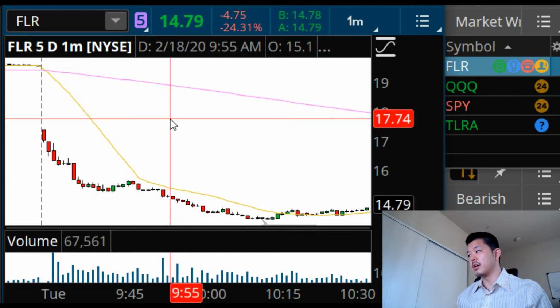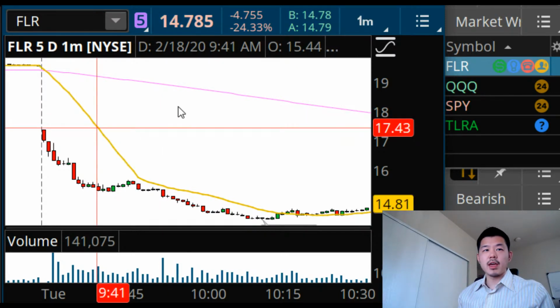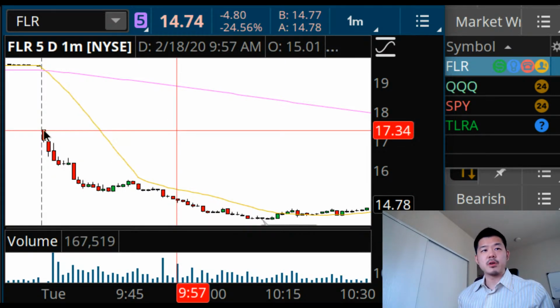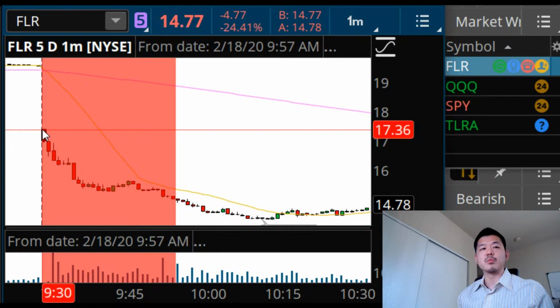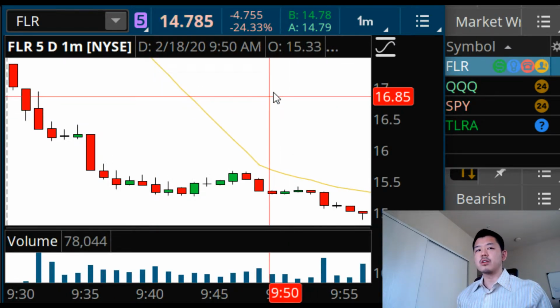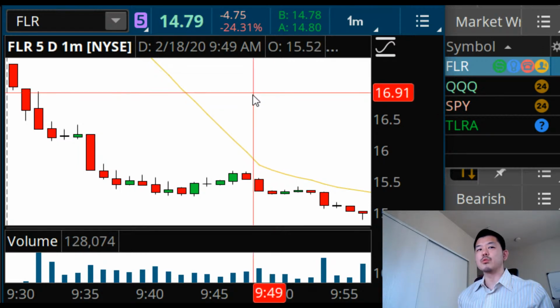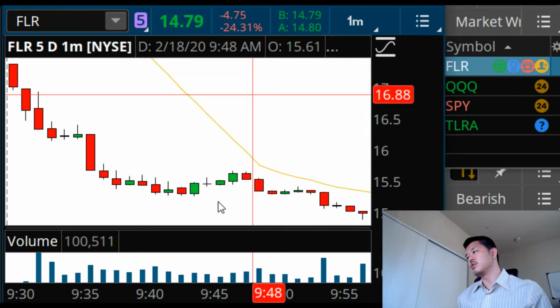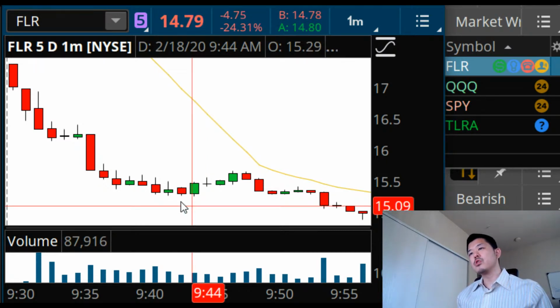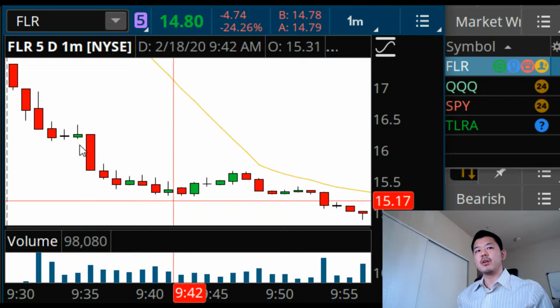Okay, now the definition for a base breakdown, which is probably the most common pattern among traders, right? Consolidation, breakout, breakdown, right? So what we want to see is a series of equal highs and equal lows. Basically, the chart went sideways for a period of time, okay? We usually want a minimum of 3.